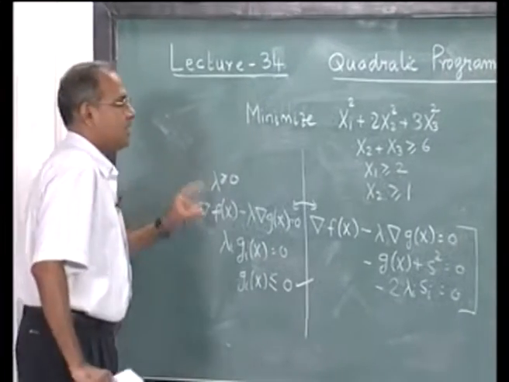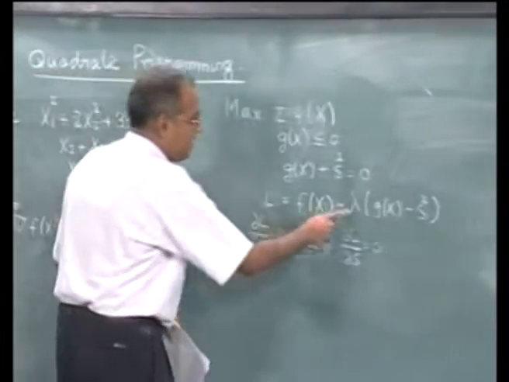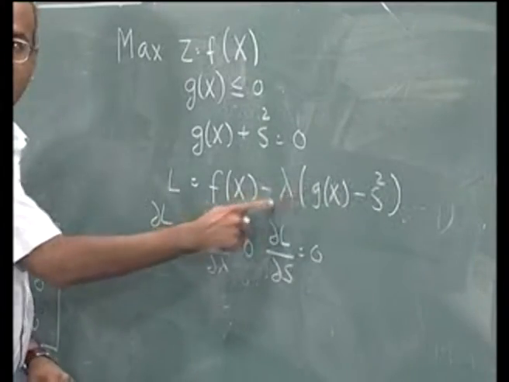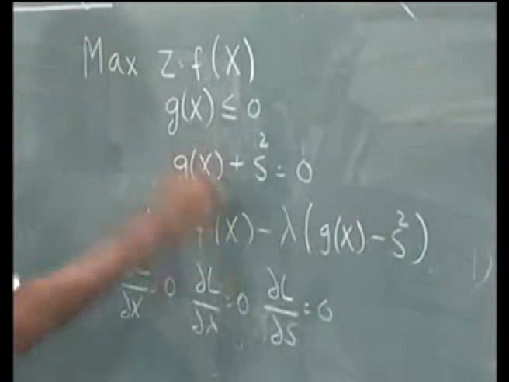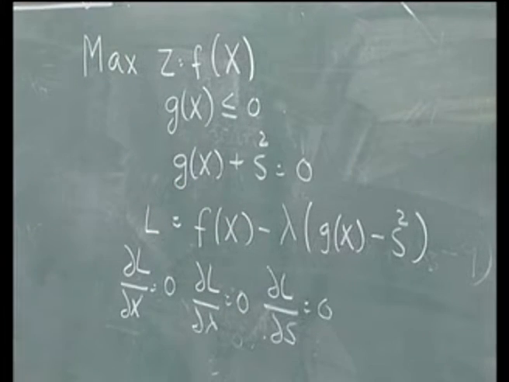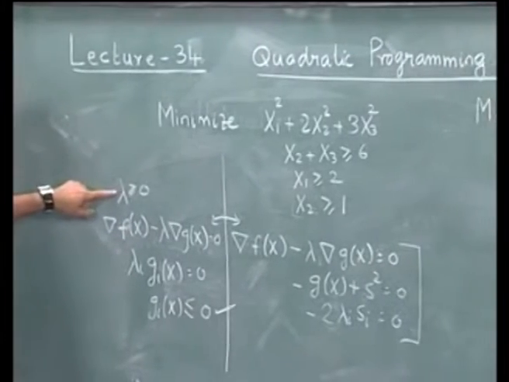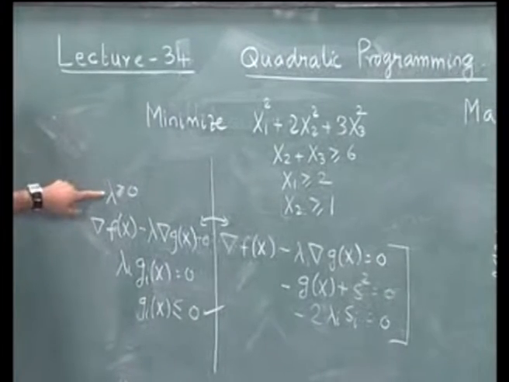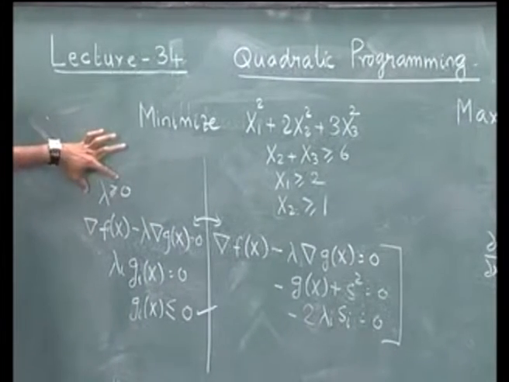Lambda greater than or equal to 0 comes because we have this quantity which will reduce the objective function. So, when we put a minus lambda, lambda has to be greater than or equal to 0 for the inequality that we have.